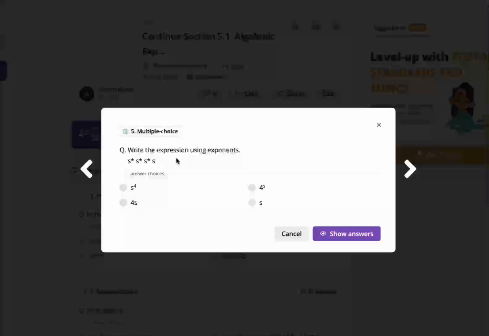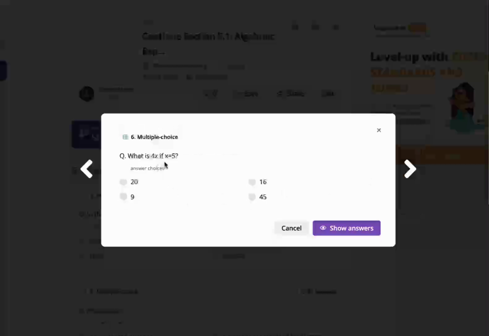Write the expression using exponents. We have s repeated 4 times. So it's s to the power 4. The exponent of s is 4. What is 4x if x equals 5? Teacher, can I say something?